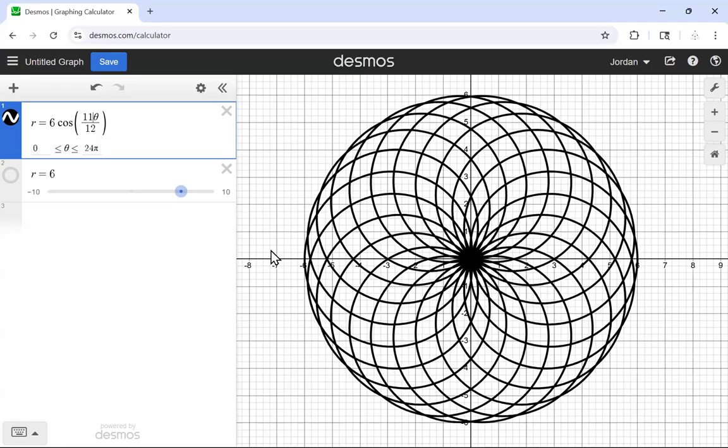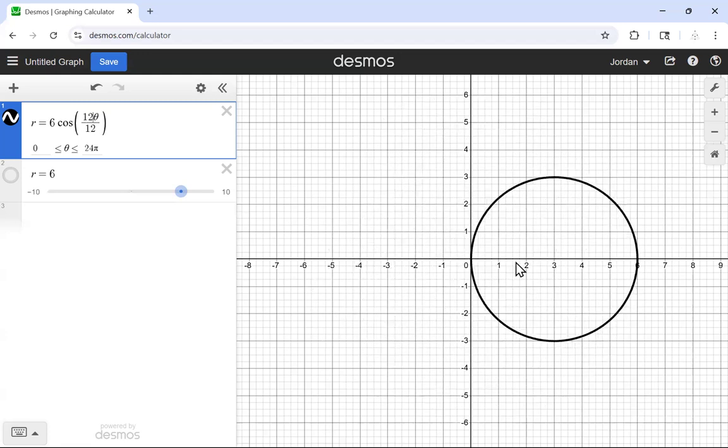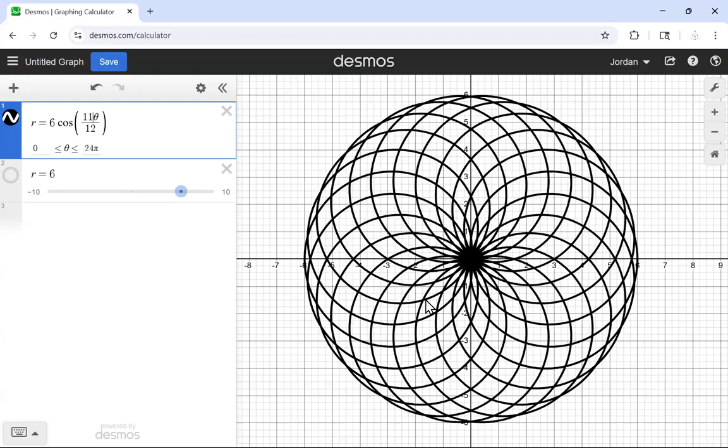Almost reminds me of sunflower seeds or something. And then 12 theta over 12 would be just cosine of theta, which we already know is a single circle. So with these fractional rose curves, we can get some really, really interesting looking pictures.